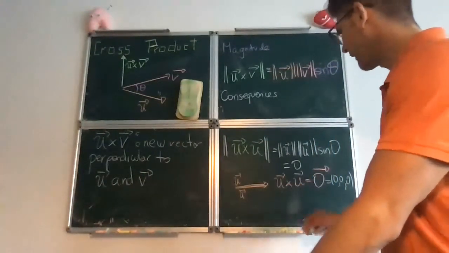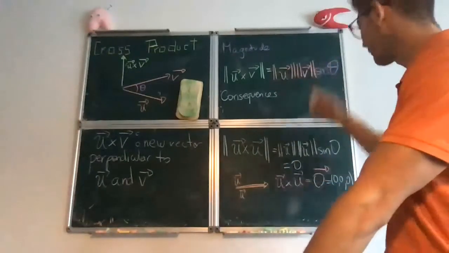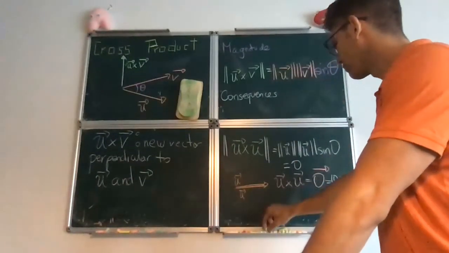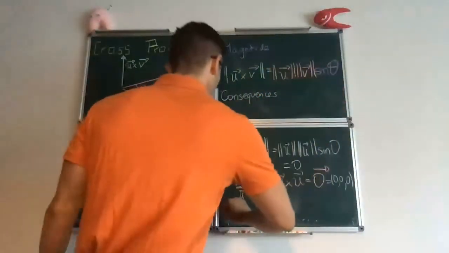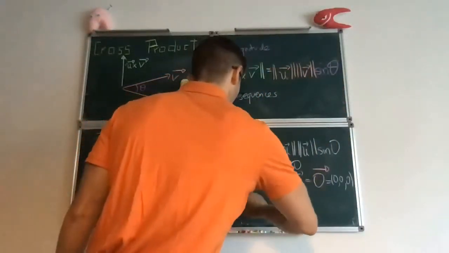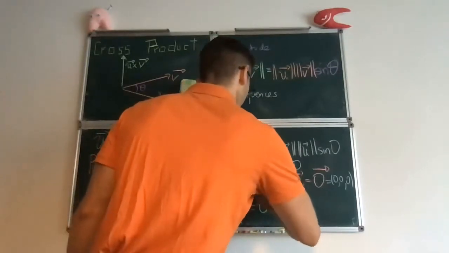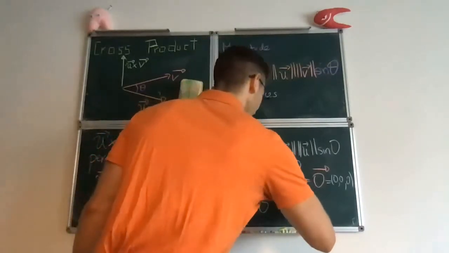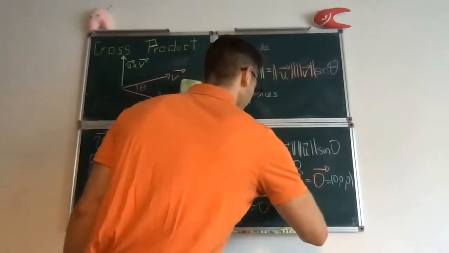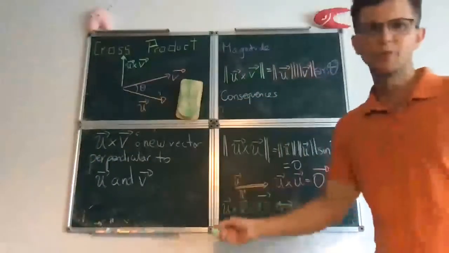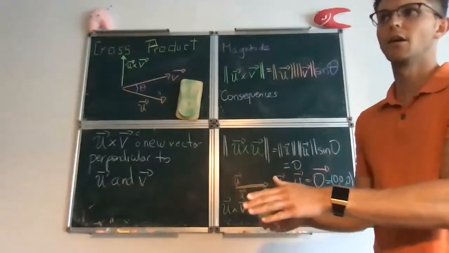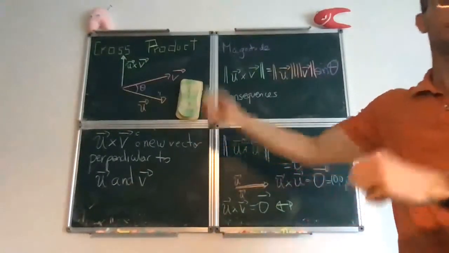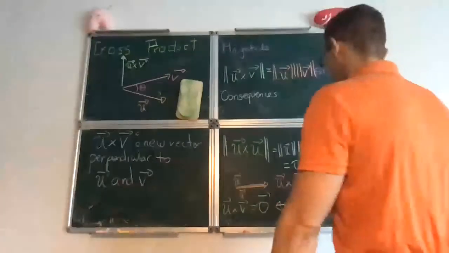And so in fact, because of this formula, it's not too hard to see that u cross v equals the 0 vector if and only if the angle between u and v equals 0, which means that they are aligned, or is pi, which means that they are pointing in opposite directions.